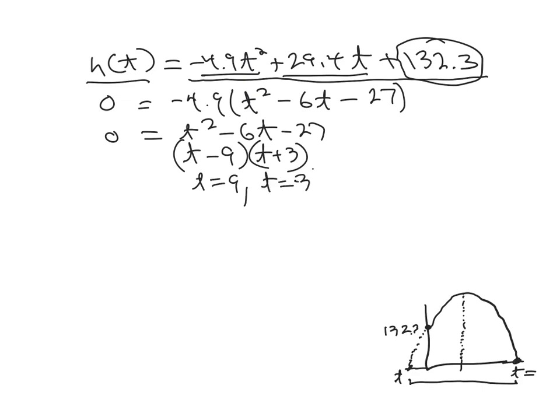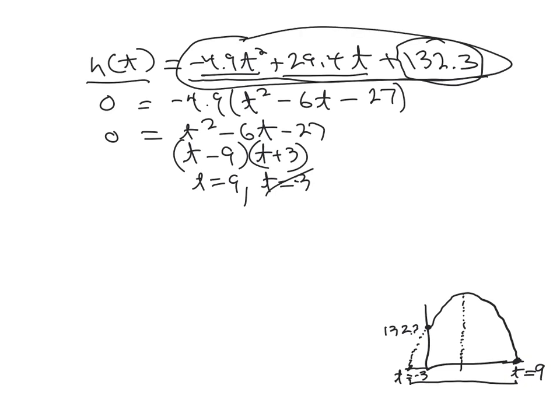Well, we reject the negative 3. It doesn't make sense in this problem, but it will help us, as I noted before, with finding the maximum value. So at t is equal to 9, it hits the ground. At t is equal to negative 3, we know that's our other x-intercept for this equation here.